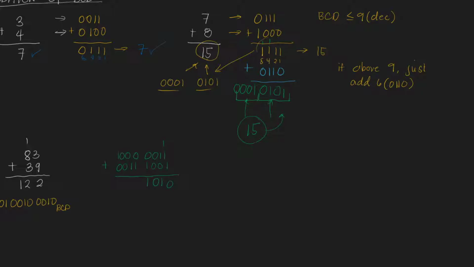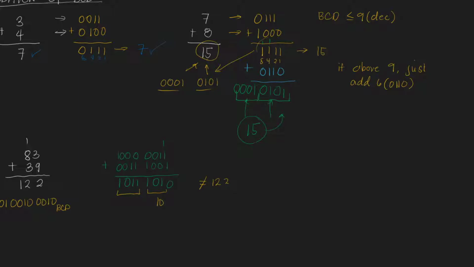And then 1, and then 1. And then you have 0, and then you have 1. So let's check if each group corresponds to 1, 2, 2. You can easily say that this is not 1, 2, 2. Why? It's because this is 8, 8, and this is 2. So this is 10.